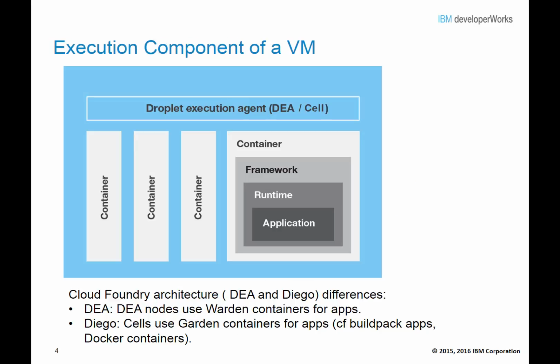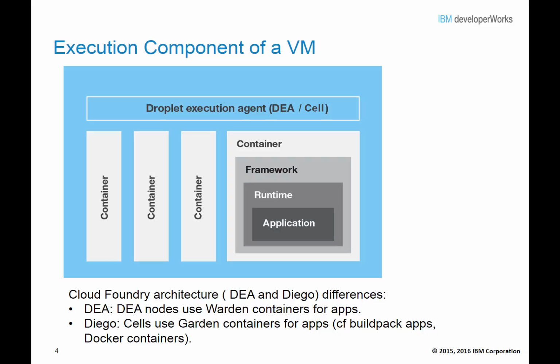Let's look a little more deeply at where your app resides. This figure shows the execution component of a VM, known as a cell in the Cloud Foundry Diego architecture, that has multiple apps deployed. Each VM uses containers to separate and protect the apps. Each application in Bluemix Platform as a Service is associated with a build pack.